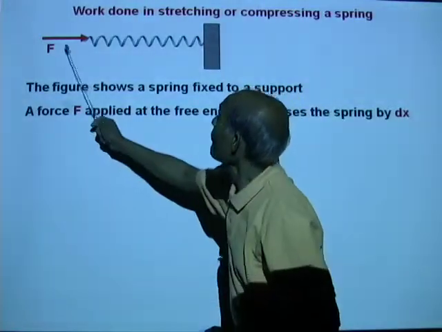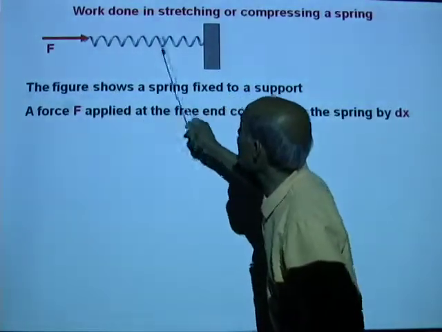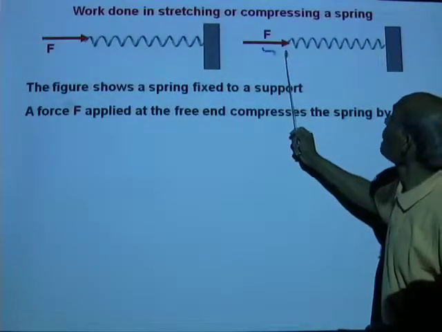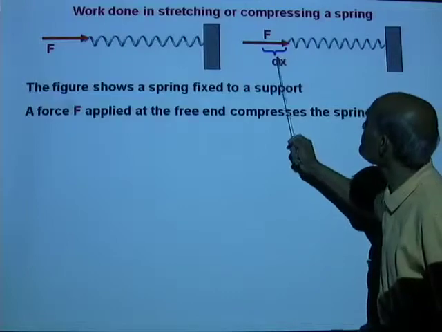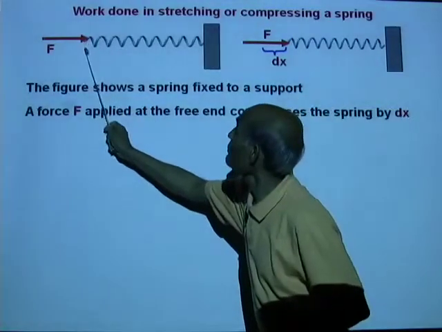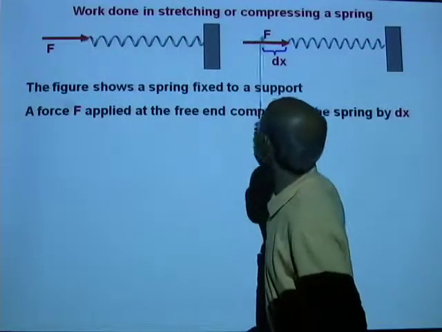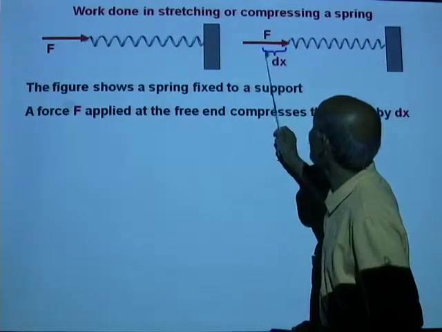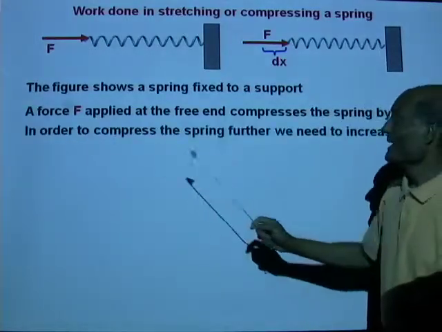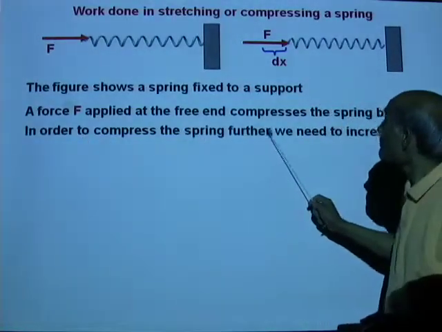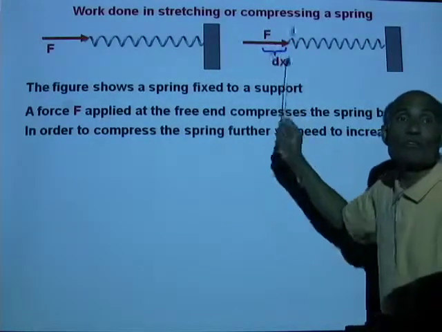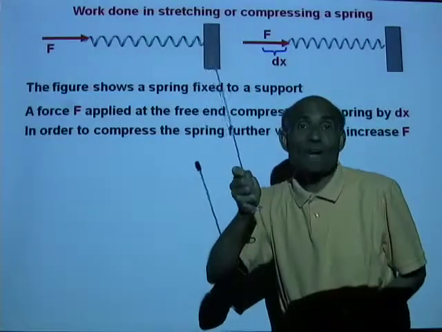Now, here a force F is applied to compress the spring. You can see the force has compressed the spring a distance dx from its initial length. If you want to compress the spring further, your force needs to be bigger.